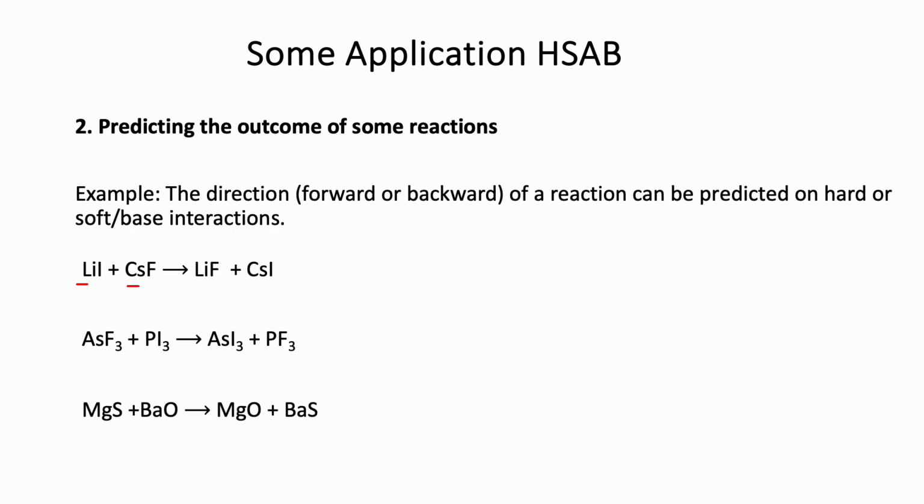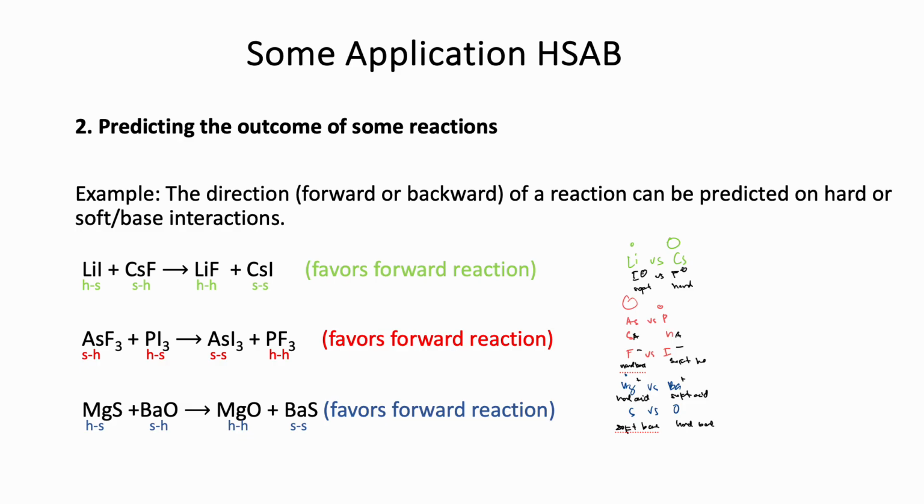Looking it up, you should know that lithium is a lot smaller than your cesium, making your lithium a hard acid. Okay? So hard acid siya, right? So, lagay ka na lang. So hard acid to, this would be a soft acid, meaning ang base nito would be soft and ang base nito would be hard. Okay, making your hard and soft interaction in your product na. Okay, meaning this one favors the forward reaction.